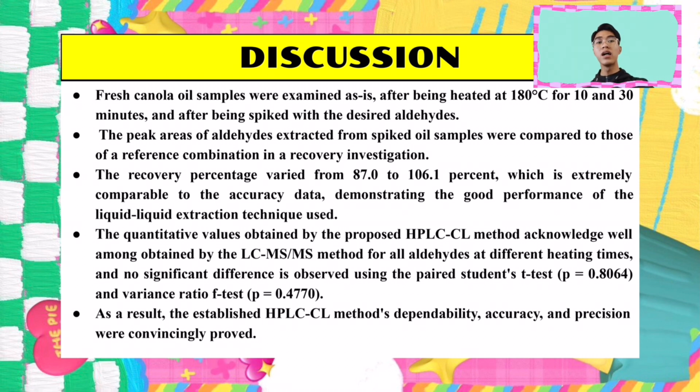In summary, heating oil causes thermal oxidation of fatty acids, which results in the formation of several volatile organic compounds, the most notable of which are aldehydes. Edible oils such as canola oil are high in nutrients and include a variety of fatty acids.